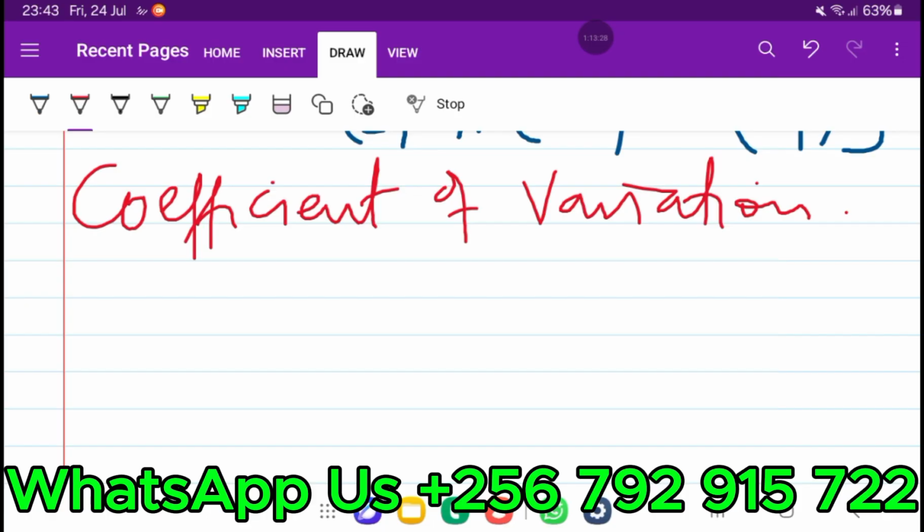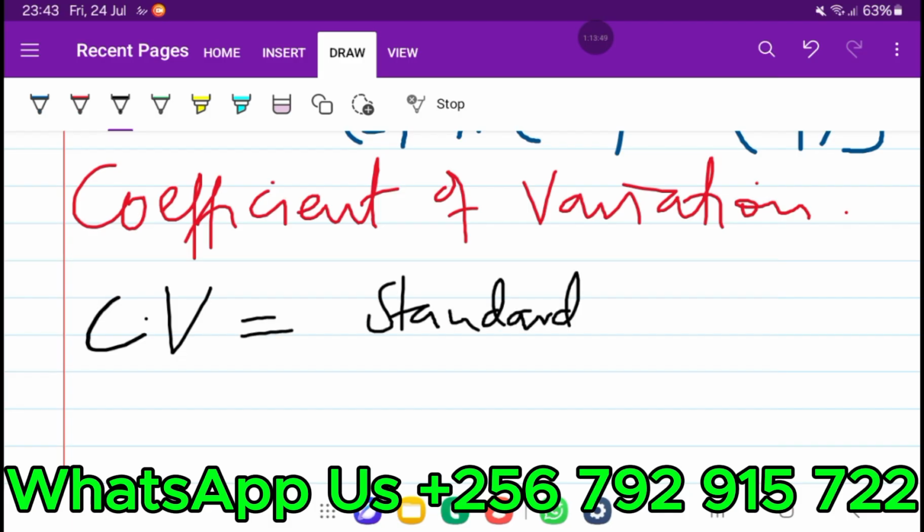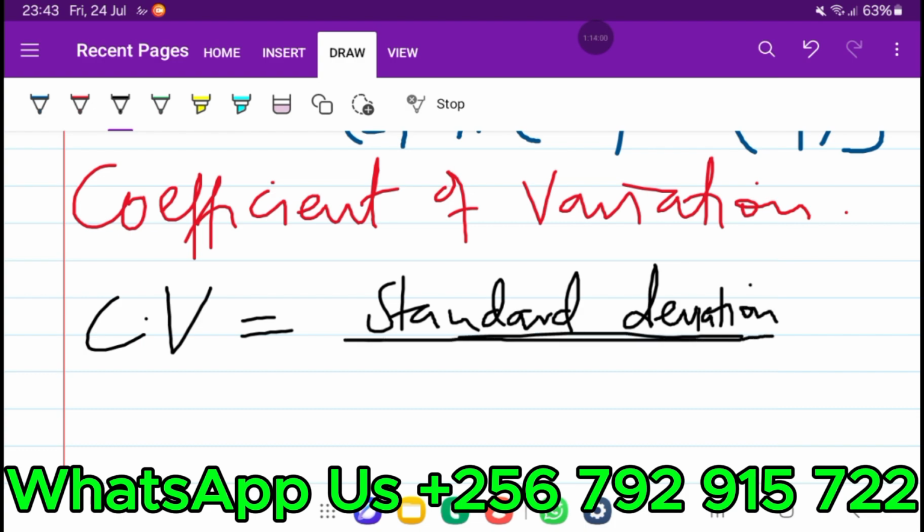So for the coefficient of variation, in terms of the formula, they can call it CV. It is equivalent to standard deviation over mean, times 100.